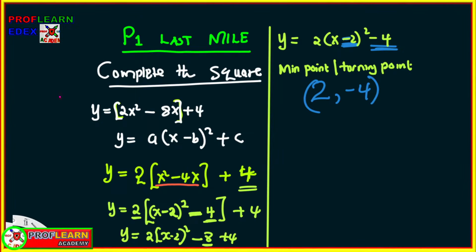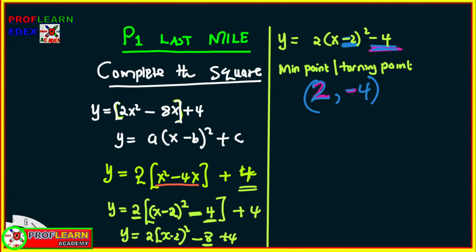The number outside here, you take the sign the way it is. But inside, when you are picking the turning point, you pick the number that is inside the bracket, which is going to give you the x value. And always you take the opposite sign. But the y coordinate comes from the outside part, and you take the sign the way it is. So you'll be given a question like this.